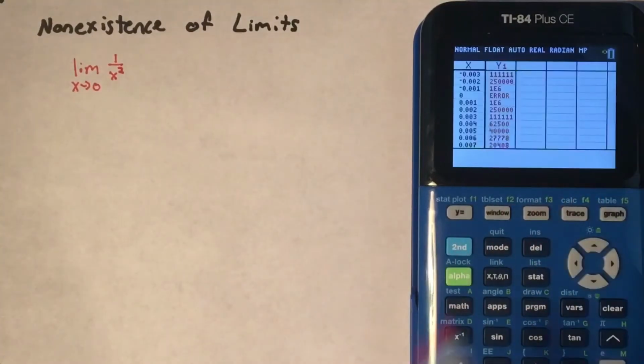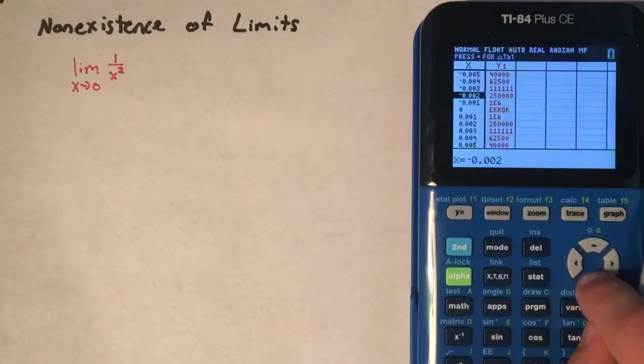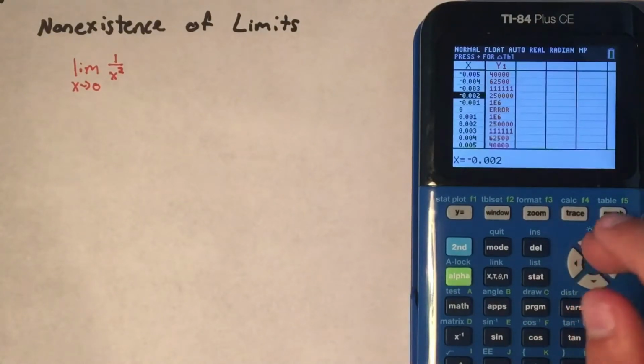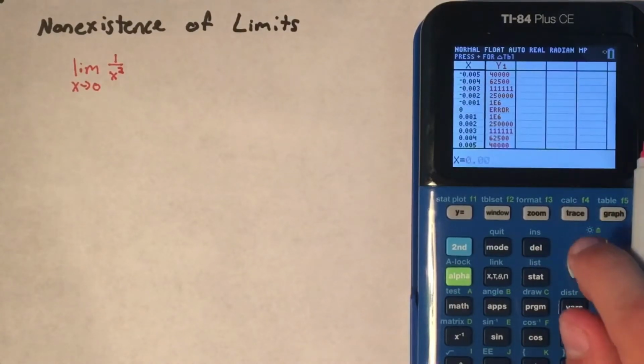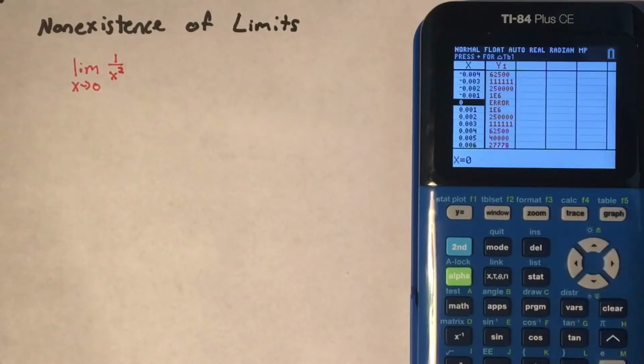Right above 0 we have a pretty big number, and right below that it gets smaller and smaller, and that goes for both sides of 0, above and below 0.